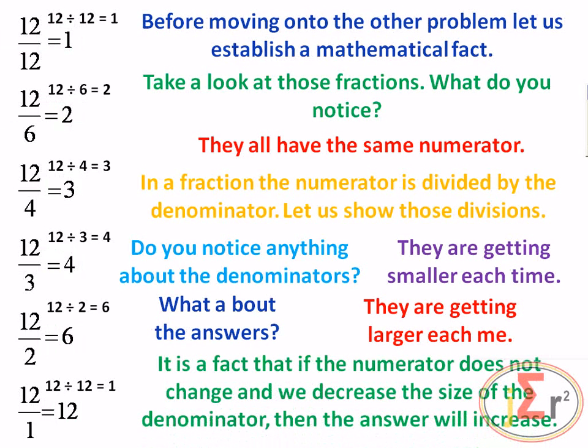It is a fact that if the numerator does not change and we decrease the size of the denominator, then the answer will increase. So we have a constant value in the numerator and we are decreasing the value of the denominator. The result is increasing. As we divide by a smaller number, the answer gets larger.